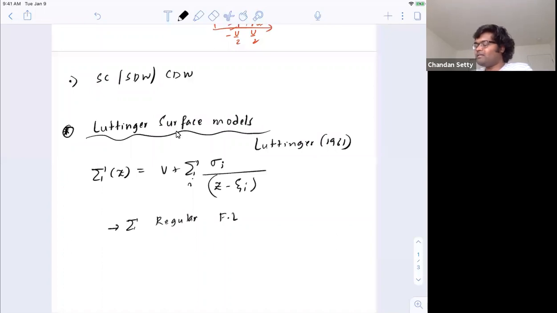However, it is not necessary that these poles all cancel out to give you a nice looking regular function. In principle, it's possible that some of these poles are just remnant and they remain in the final equation for sigma. So it's not necessarily the case. Generally, it's regular, but not necessarily.